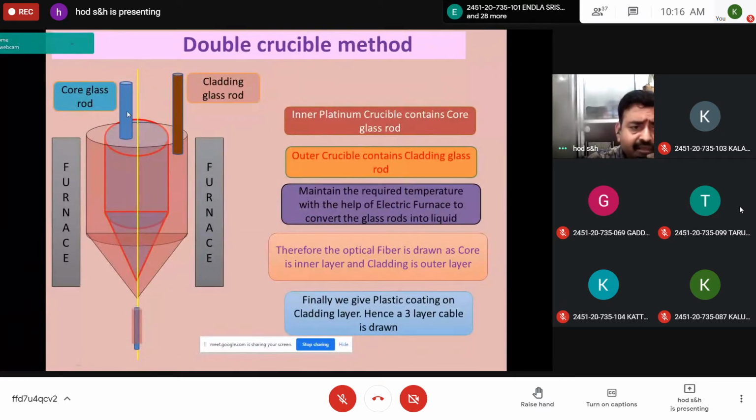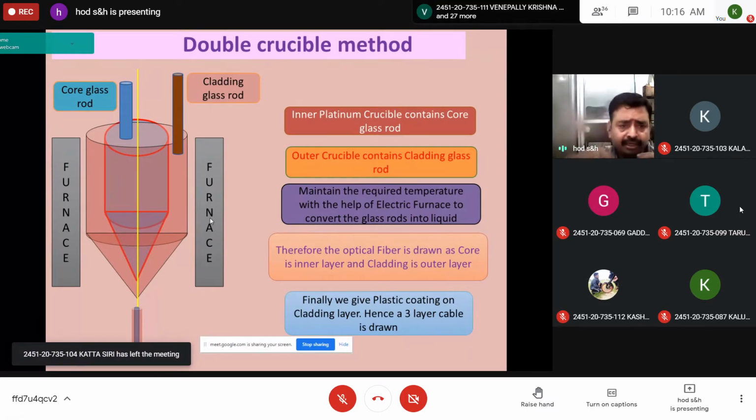In this, the glass rod which is used as a core material can be inserted like this. It is surrounded by another coaxial cylinder, and that's why it is called a double crucible. In another crucible, another glass rod, which acts as a cladding material, can be inserted, and both are connected to the furnace. And generally, the furnace temperature will be maintained between 850 degrees to 1100 degrees centigrade approximately.